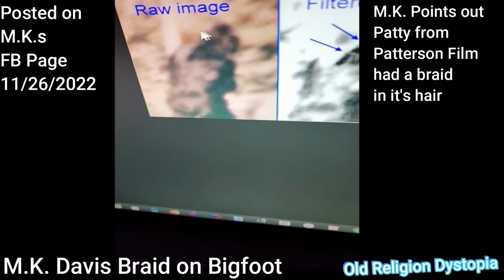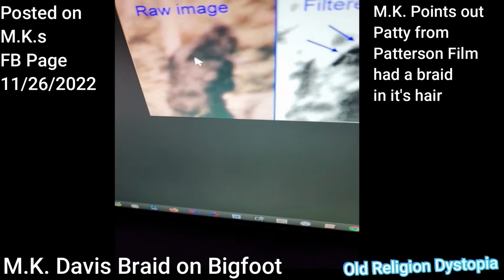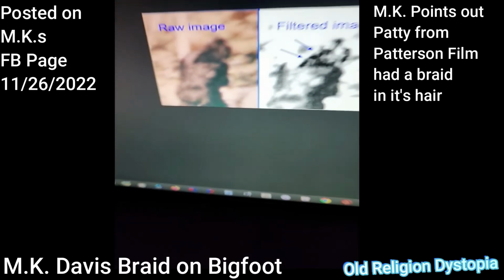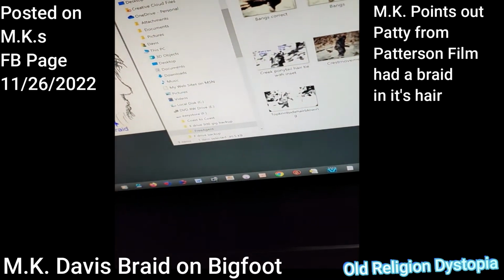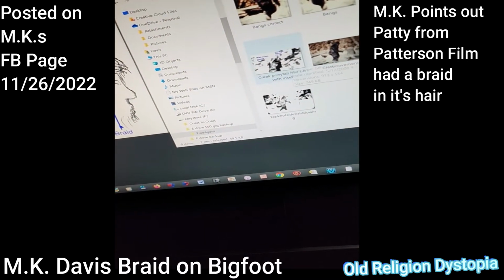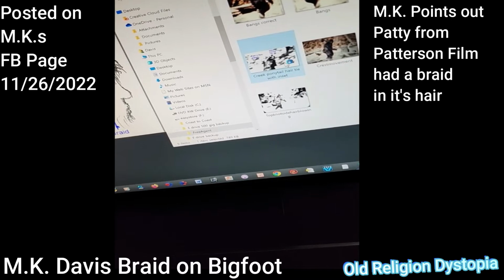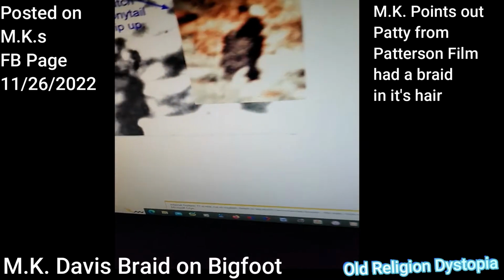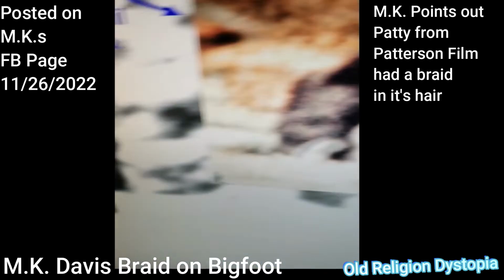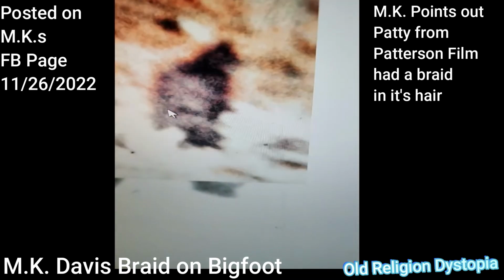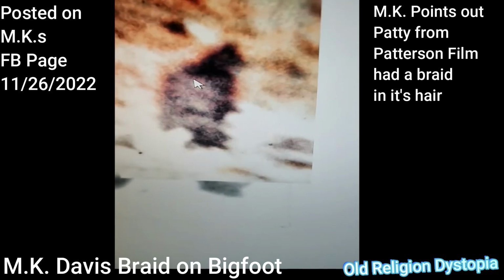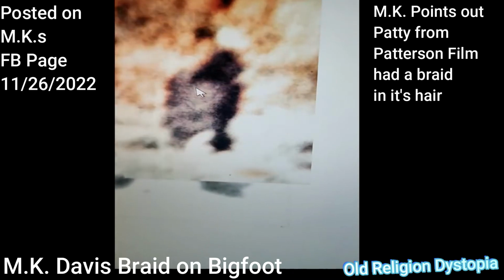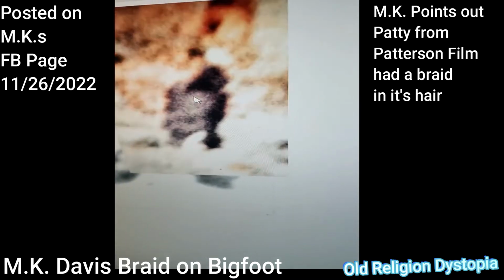But you can see it in the raw. Another one showing the filtered image. And then you can see that this is indeed not attached to the back. See it kick up right there.